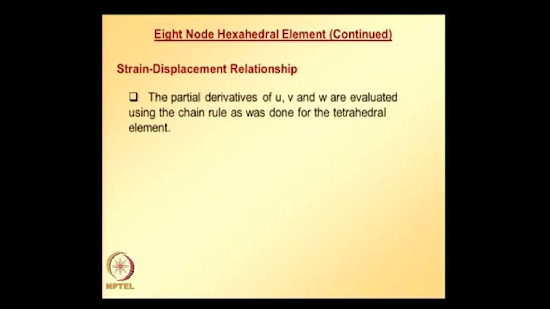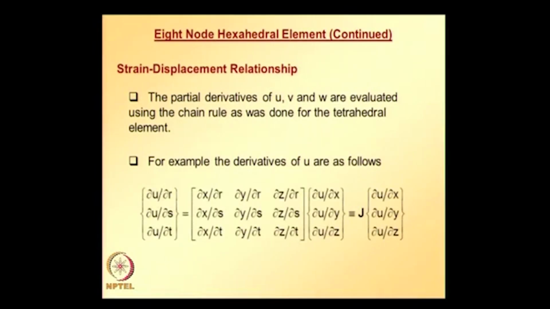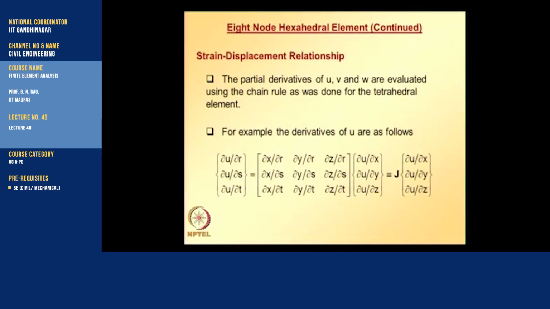Strain displacement relation: the partial derivatives of u, v, w are evaluated using the chain rule, as was done for the 4 node tetrahedral element. For example, derivatives of u are written as follows. This equation gives partial derivatives of displacement component along x direction with respect to R, S, T, and partial derivatives of displacement along x direction with respect to x, y, z.